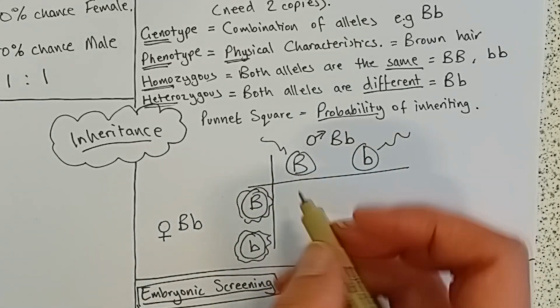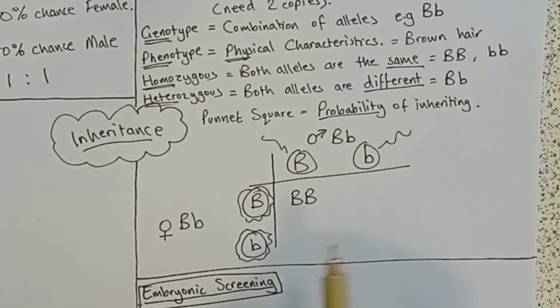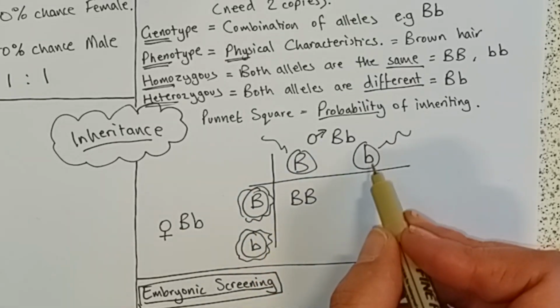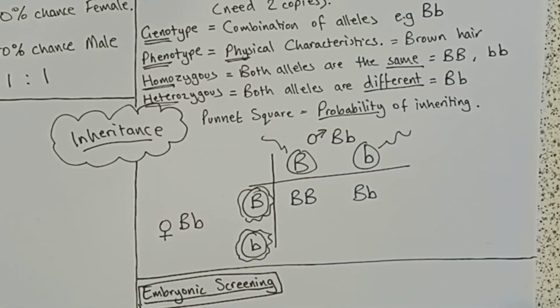So if this egg is fertilized by this sperm, that child is going to be homozygous dominant. It's got 2 dominant alleles. It will have brown hair. If this sperm fertilizes this egg, the child will be heterozygous. It will have 1 dominant allele, but also 1 recessive one. It will still, however, have brown hair because it's got the dominant allele. The brown hair beats the blonde hair.